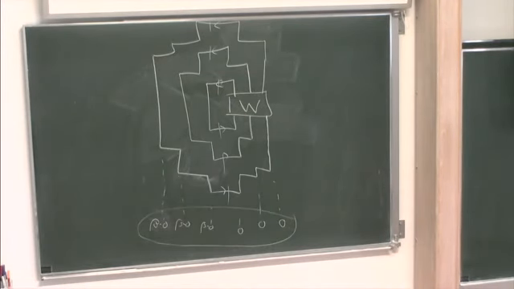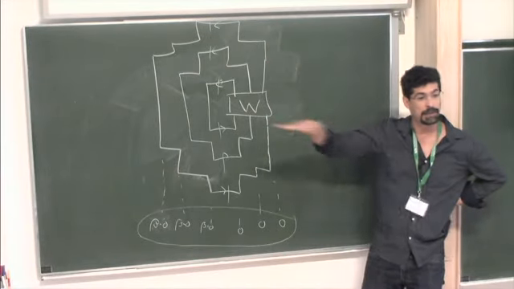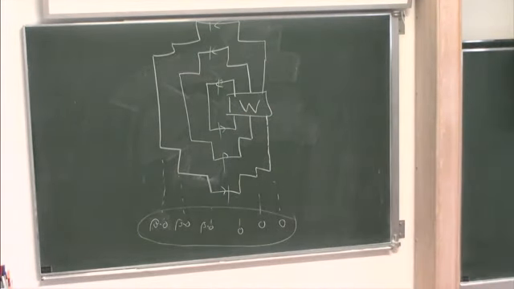Okay, so the idea is to find a nice category. Let's call it MP, which has some block decomposition. So this under the direct sum symbol is just the support of the module. That means that each weight that you can read out of these horizontal lines gives rise to a block in your category, and you need functors to move between blocks.